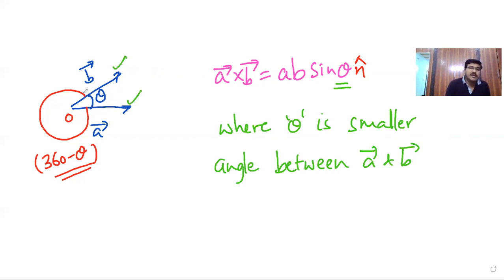What is the other angle? The other angle is 360 degrees minus theta. It is the larger angle. The smaller angle is theta, and the larger angle is 360 minus theta.